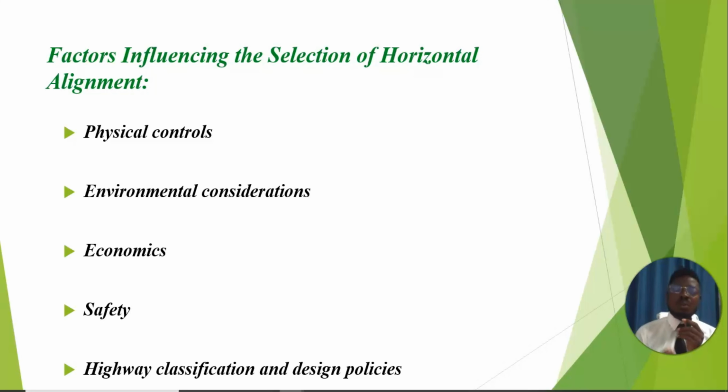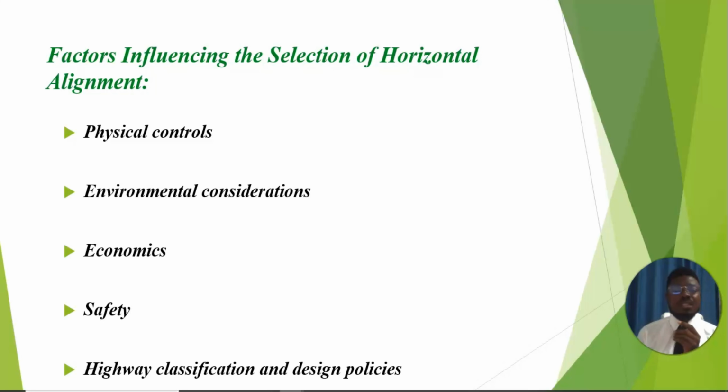Even if this error is going to occur, there has to be a level of setup in place that can minimize it, taking safety into consideration, and that can be avoided to a certain extent when selecting which type of horizontal alignment to design or use on the road.